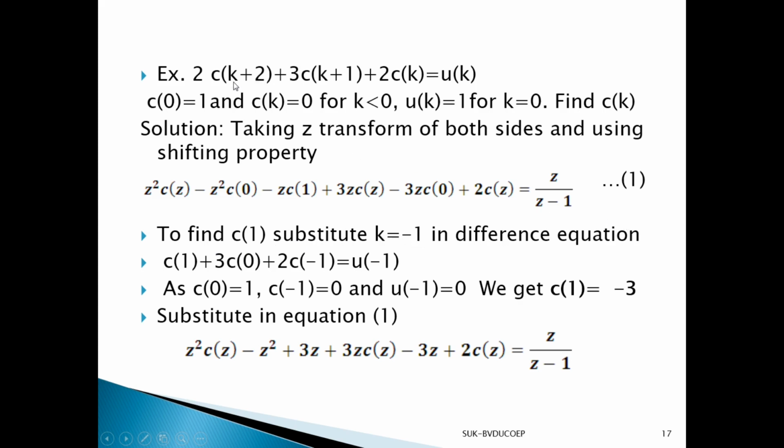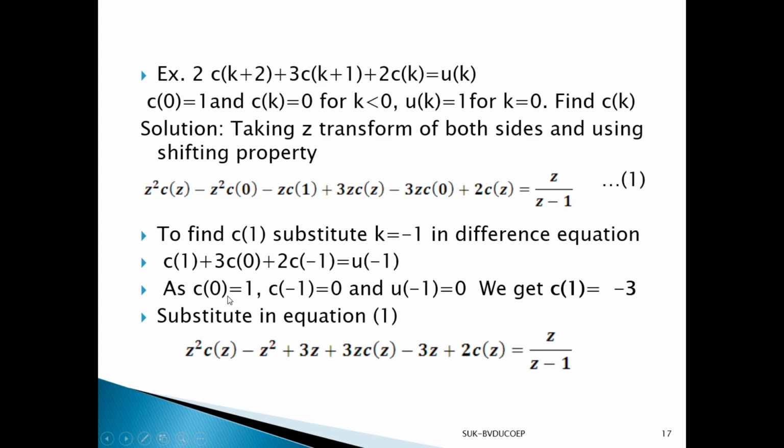If I put k equal to minus 1, this will become C1, this becomes C0 and this becomes 2c of minus 1. So this is C1 plus 3C0 plus 2c of minus 1 equal to u of minus 1, with k equal to minus 1 substituted.